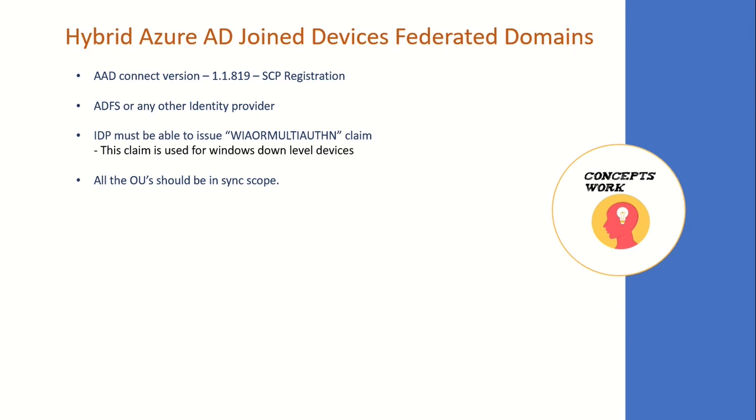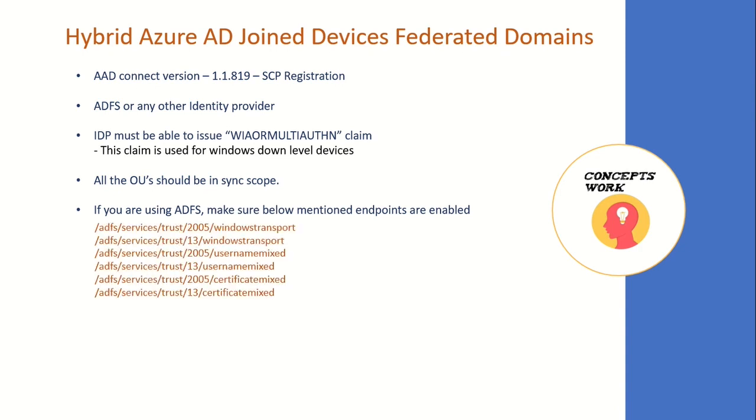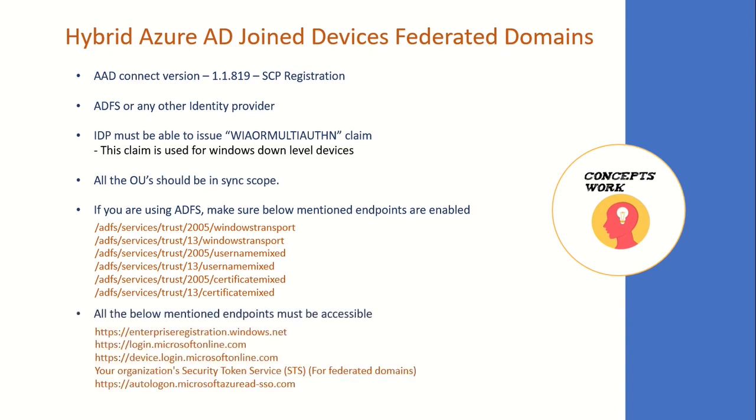Now, if you are using ADFS, you have to make sure all these endpoints are enabled, because the devices will be accessing these endpoints in the process of getting hybrid Azure AD joined. In the previous video, I mentioned four endpoints which should be available in the local intranet zone.